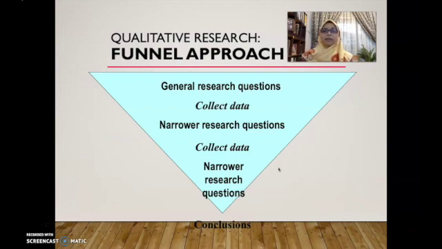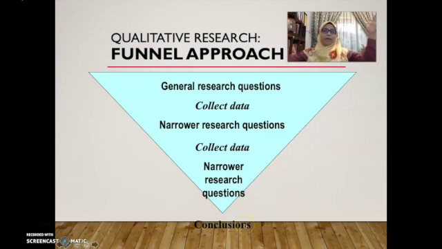So this is the qualitative research funnel approach. There are several types of approach in doing qualitative research. The first one is a funnel approach. Why is it a funnel approach? Because it comes from the broad view into a narrow view. So you start with the general research question, and then you collect the data, narrow the research question, then again you collect the data, and you narrow the research question until you get the conclusion.